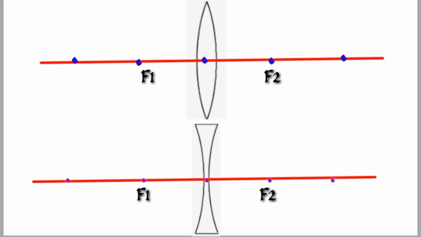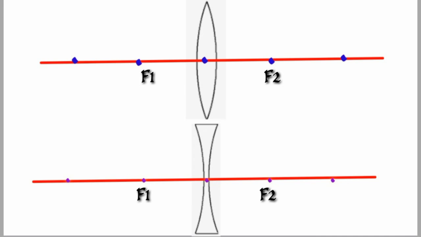And if we reverse the lens, so that the second surface is in contact with the incident light rays, in this situation also, on the other side, we obtain a principal focus. So, for a concave lens and convex lens, a pair of principal foci is available on either side. It is normally represented as F1 and F2.